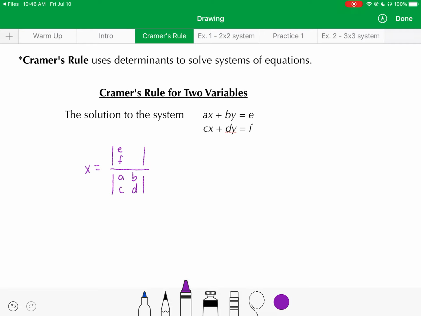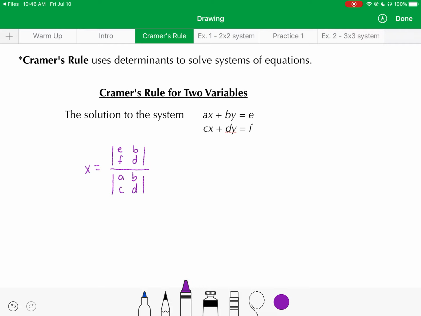But the second column is going to be the coefficients of y, b and d. Then you would simply evaluate each one of those 2x2 determinants. That would give you a value in the numerator, a value in the denominator, and then you just simplify that for your overall solution for x.